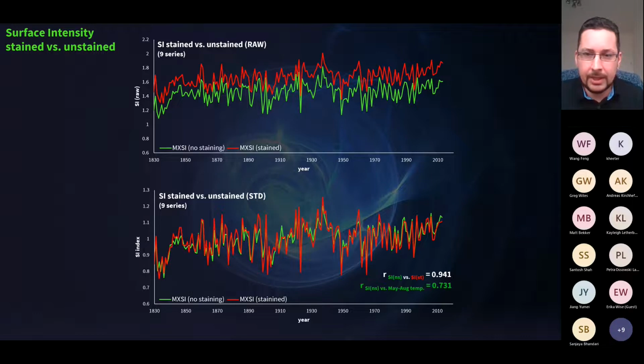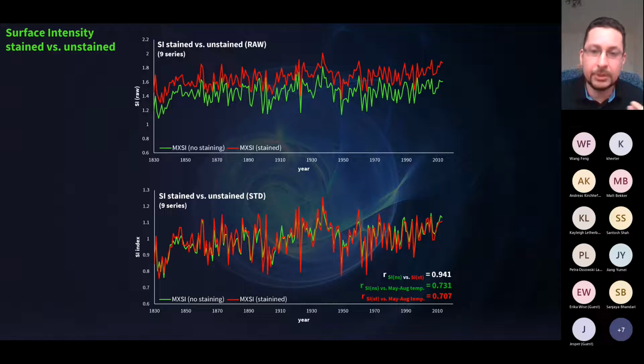The correlation of the non-stained version with temperature is 0.731, and the stained version is 0.707. So with the staining, we do reduce the climate signal a little bit when it comes to surface intensity. We're probably introducing some amount of noise, which then reduces the correlation.